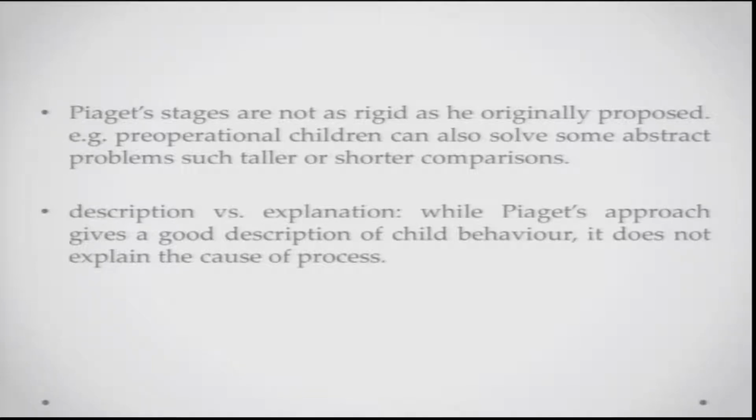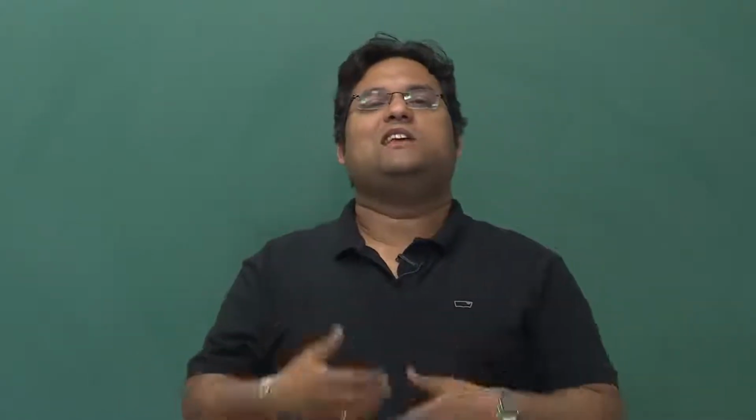They will tell you what the child will be able to do in this stage, what the child will be able to do in the next stage, and what the child will be able to do in the third stage. But Piaget does not really talk at length about how and why these things are happening at these stages. He is not really attempting to answer the causality question. He is not attempting to answer how these processes are happening, when they are happening, and in what manner.